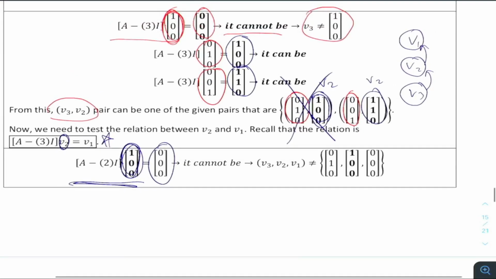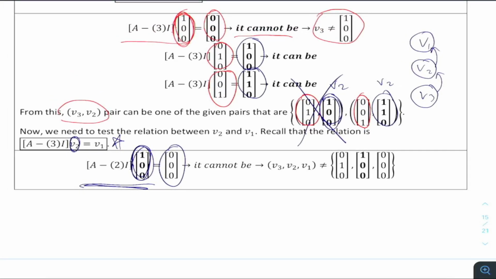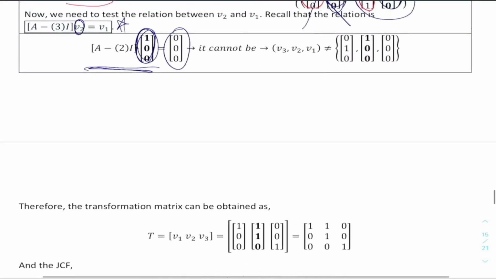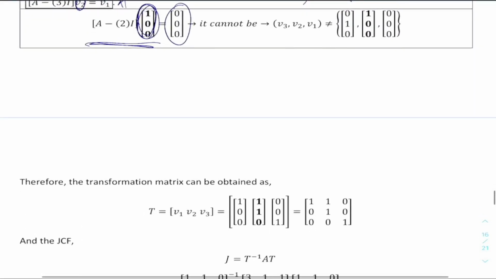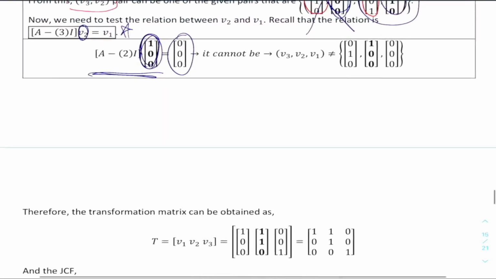And so the other possibility, this pair, must be the correct one. Okay. So let's compute v1 for that v3 and v2 vectors, and I guess we directly compute it.